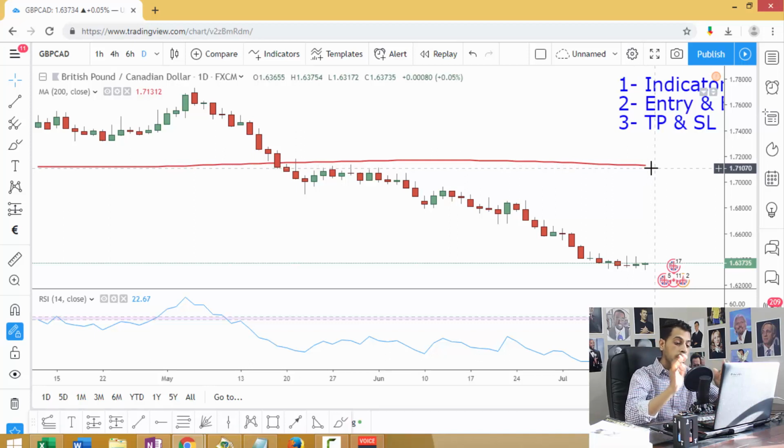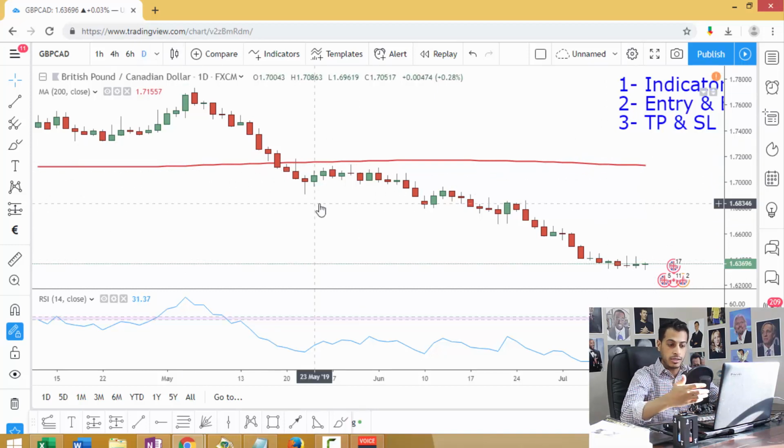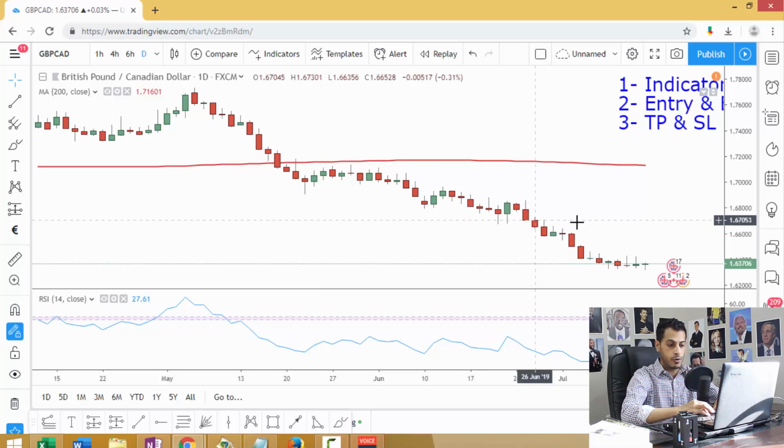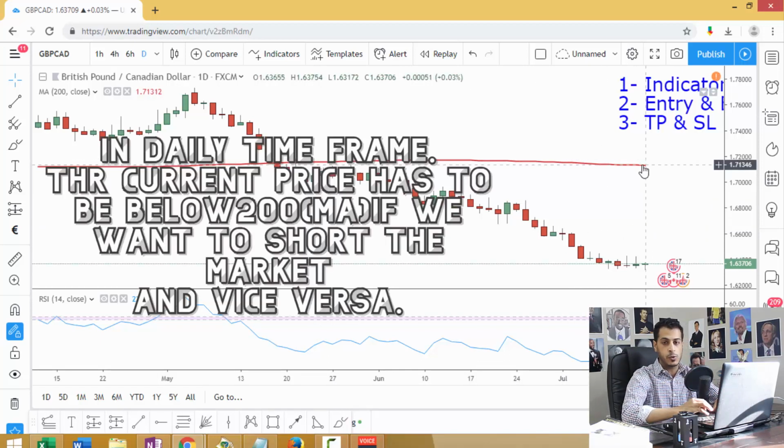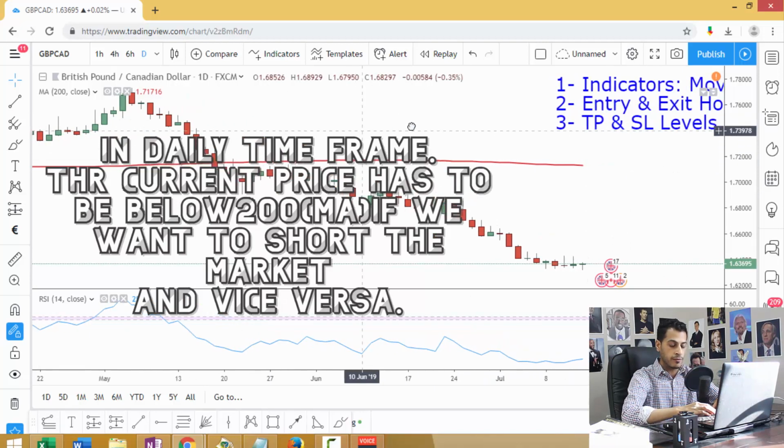We are only allowed to short the market if the price right now is below the 200 moving average in the daily time frame, and vice versa. We are only allowed to buy the market if the price is above the 200 moving average. Pretty simple, very straightforward, and that is the first rule.